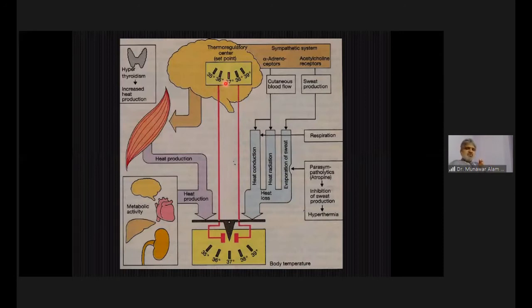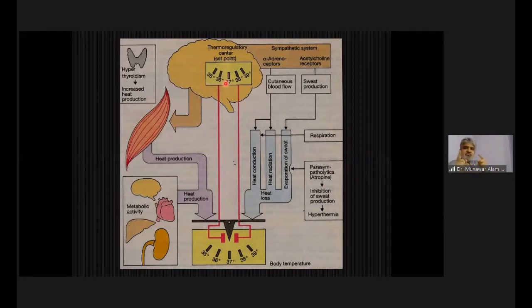Yesterday, some students raised the question: sir, why are the heat losing and heat generating systems not working when the thermostat is raised up to 39? Beta, thermostat set point means exactly this. It means that when your body temperature is disturbed beyond 37, then it works.